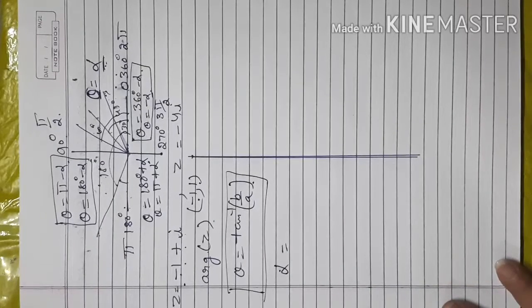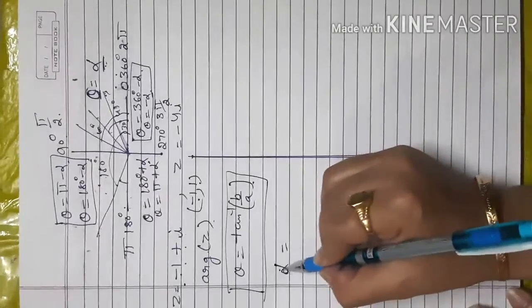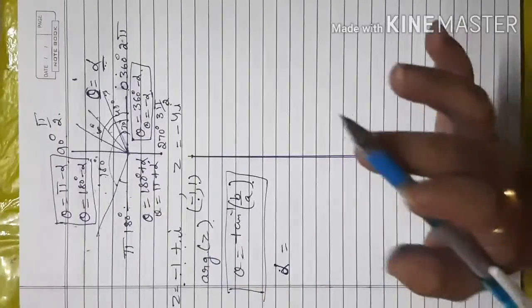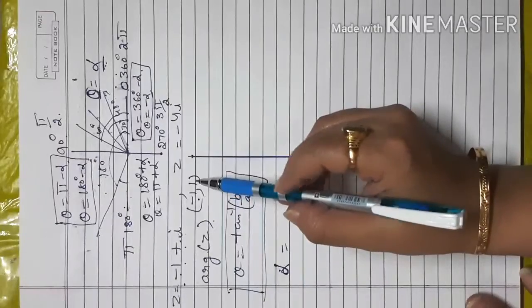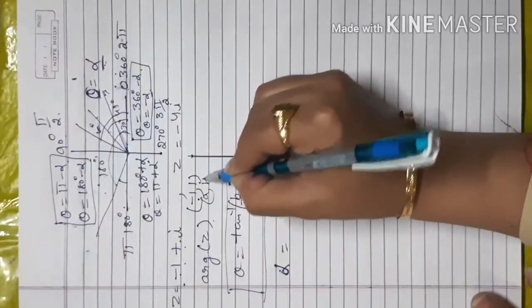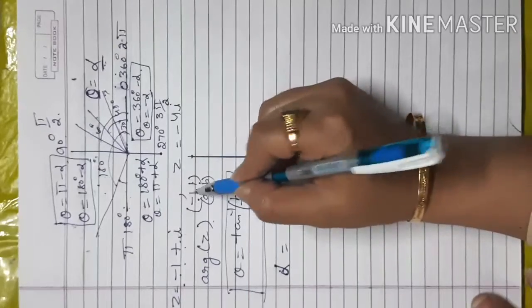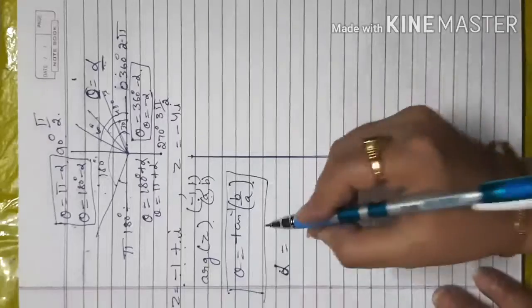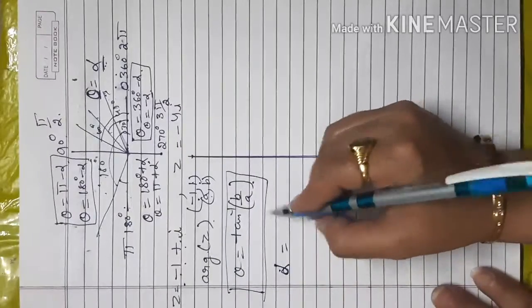We can easily find the angle in the second quadrant. When you are going to find the basic angle, you must ignore the negative or positive sign. You just remember my b value is 1 and a value is 1. This time we just ignore the negative sign when we are going to find the basic angle.